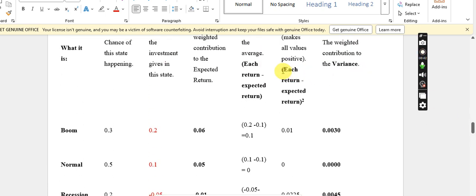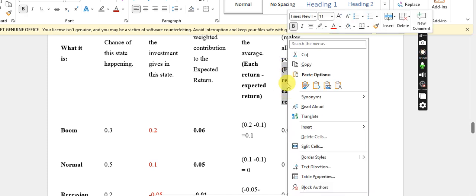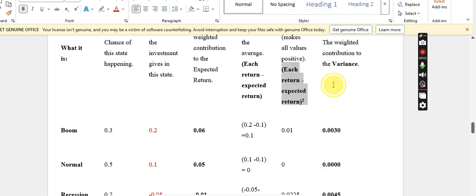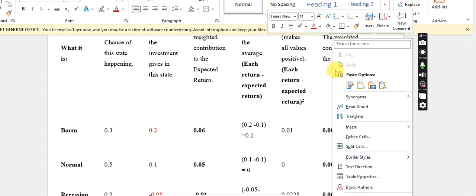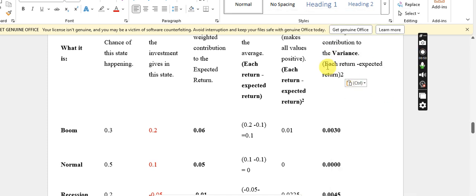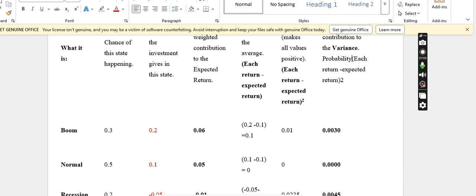Then after that, what we do next is we multiply each probability with this squared value: probability times open brackets each return minus the expected return squared.